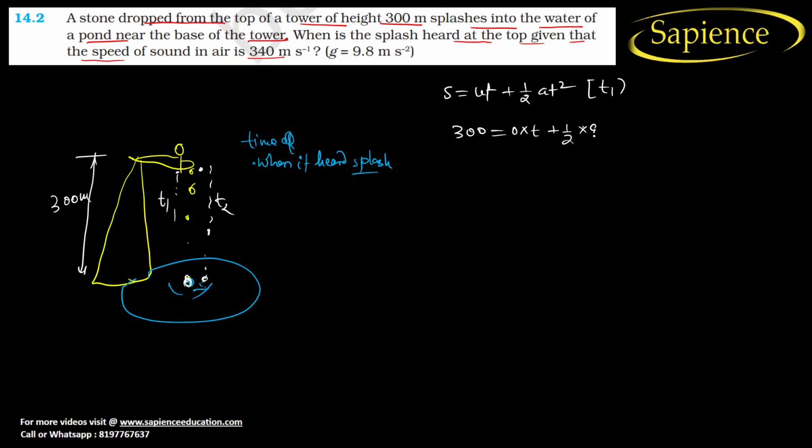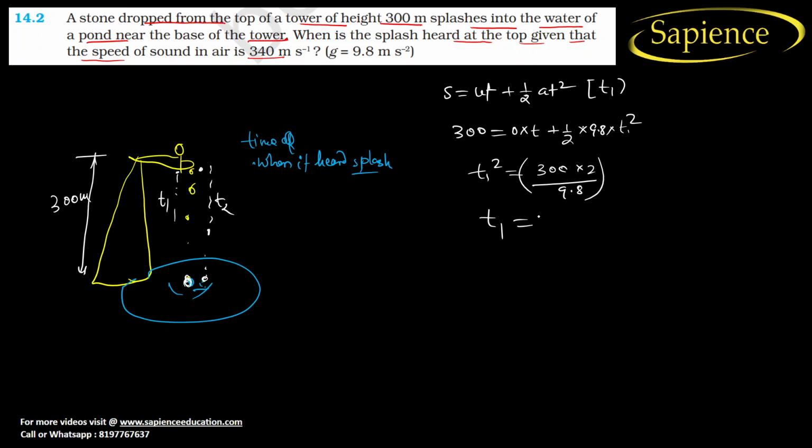The value of g is 9.8, and into time t square. So from here, time t square is equal to 300 into 2 divided by 9.8. So when we calculate, this is time t1.